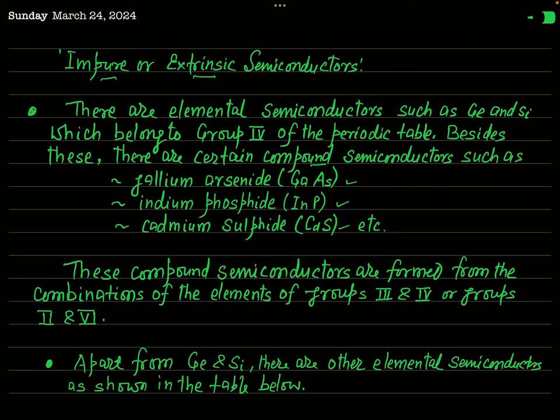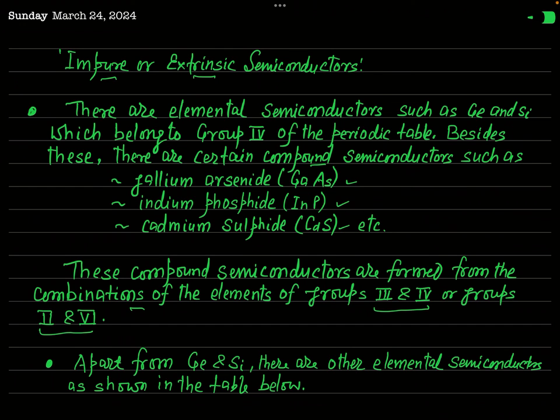These are the compound semiconductors. In fact, these compound semiconductors are formed from the combinations of elements from groups 3 and 5, and groups 2 and 6. So apart from germanium and silicon, there are other semiconductors.